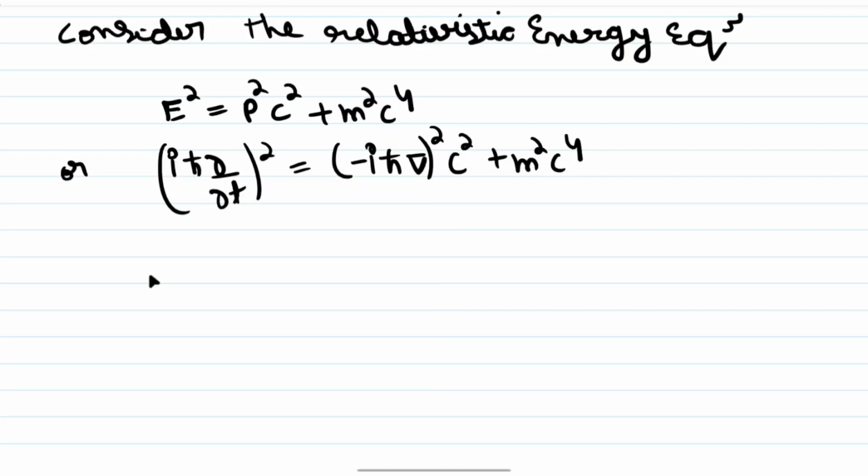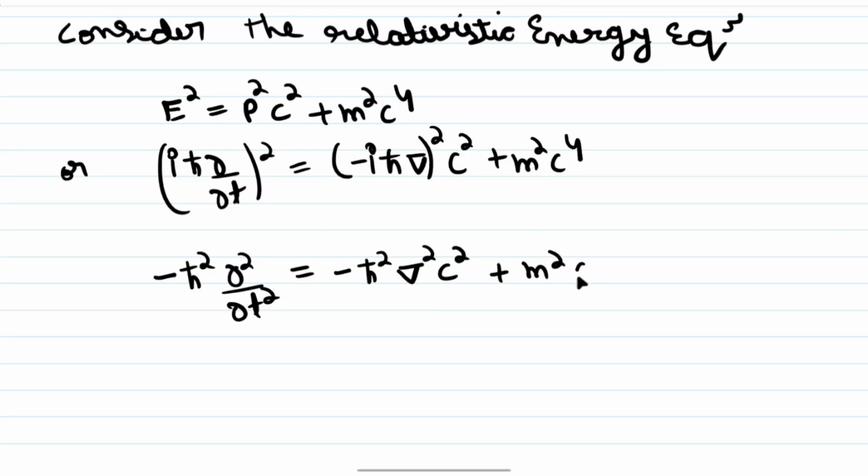So the i whole square will be minus h cross square dou square by dou t square equals minus i whole square, which also gives minus h cross square del square c square plus m square c power 4.